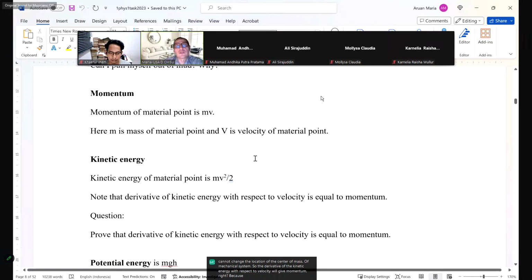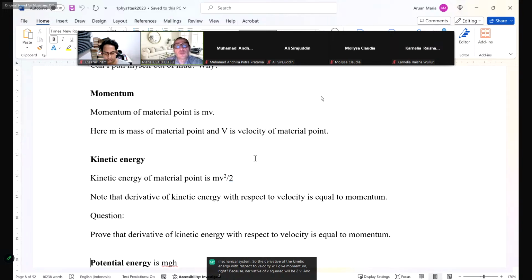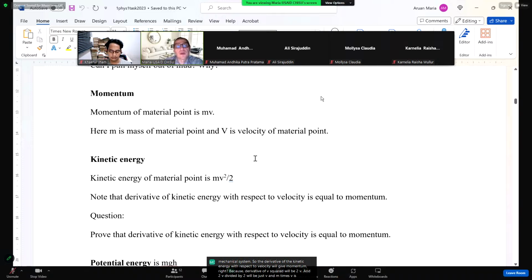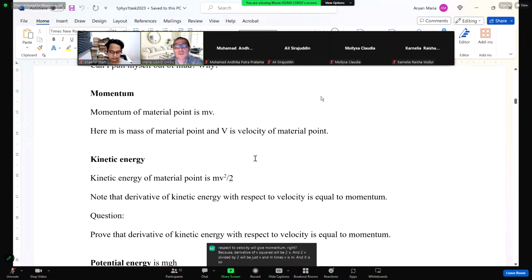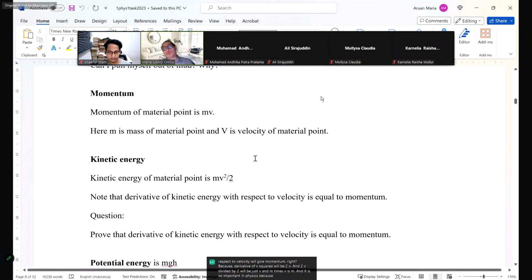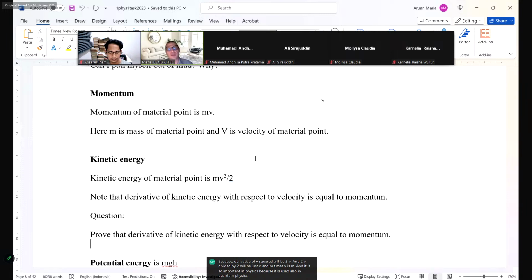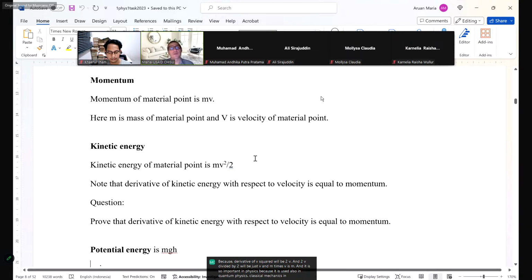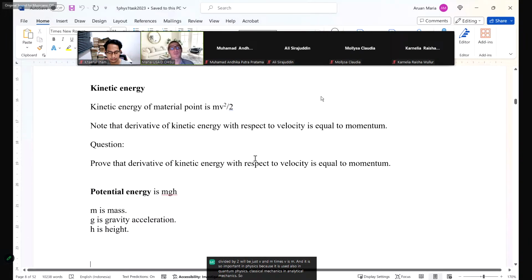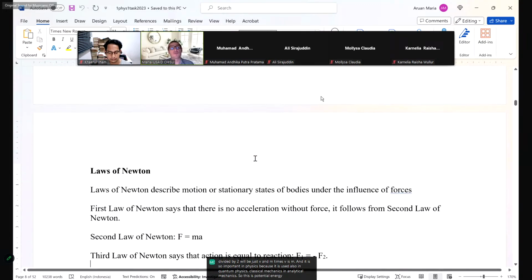Because the derivative of v squared will be 2v, and 2v divided by 2 will be just v, and m times v is momentum. And it is so important in physics because it is used also in quantum physics, in classical mechanics, in analytical mechanics. So this is potential energy, the laws of Newton.